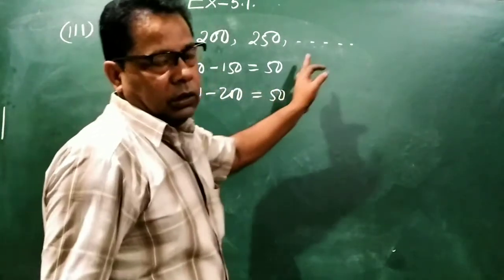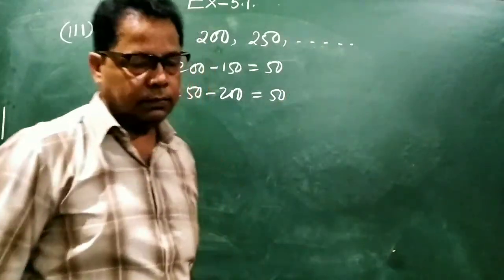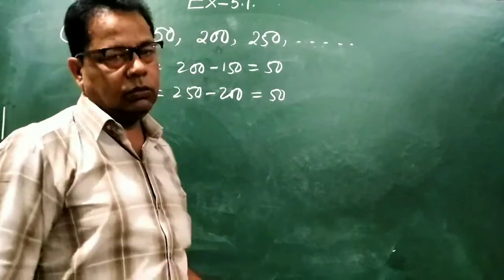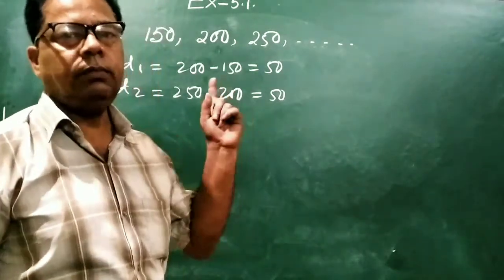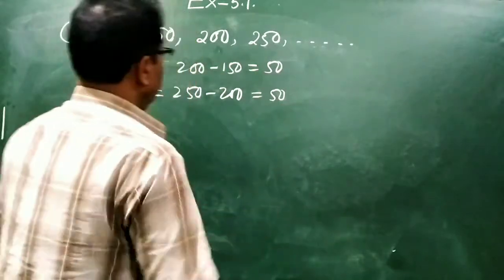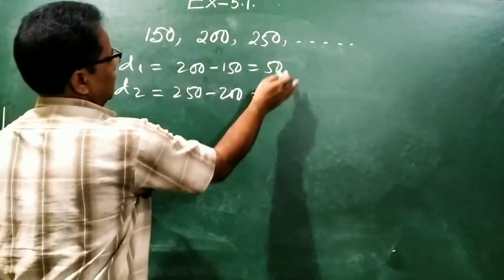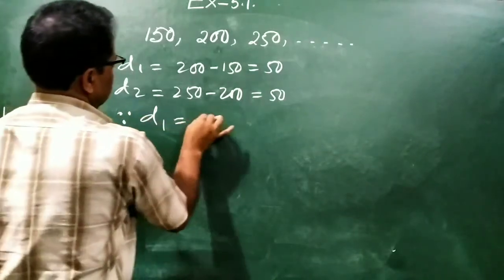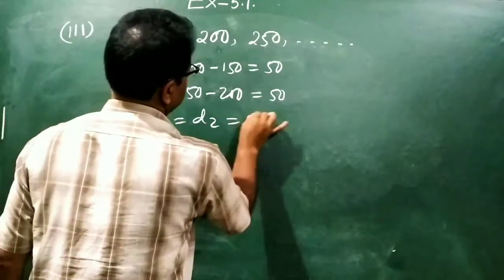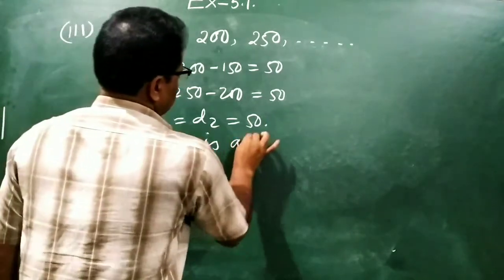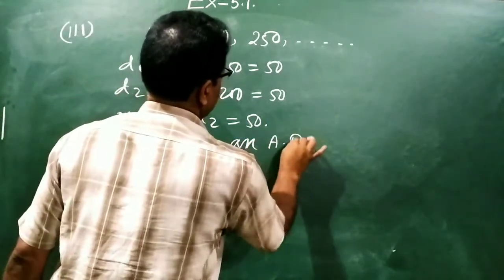So D1, D2, all these are equal. Since D1 and D2 are equal to 50, it is an arithmetic progression.